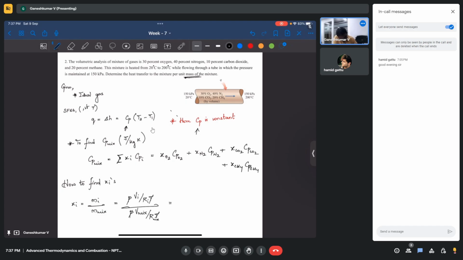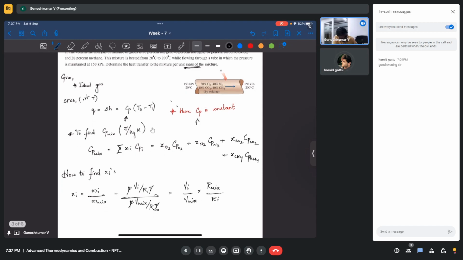So then Vi by V mixture times R mixture by Ri. We can rewrite this, since R mixture is going to be Ru by the molecular weight of the mixture, right?